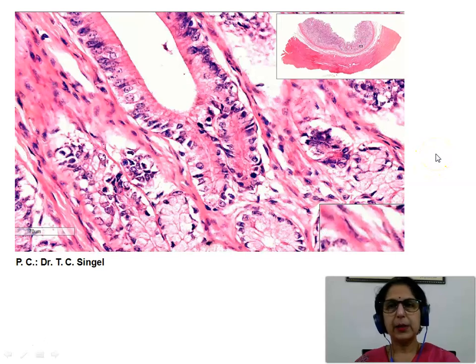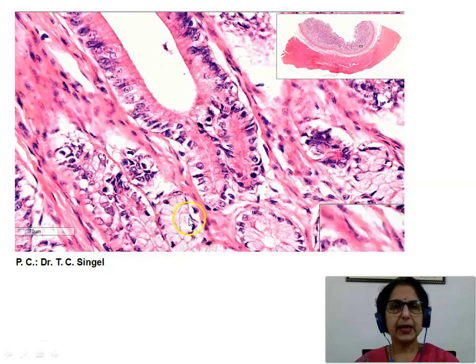Another Aperio ImageScope picture showing a high power view of the mucosa of the pyloric part of the stomach. What we see here is the lining epithelium, tall columnar cells with oval basal nucleus, and we also see part of the pyloric glands, cuboidal cells, or at places even pyramid shaped cells with a flattened nucleus towards the base.